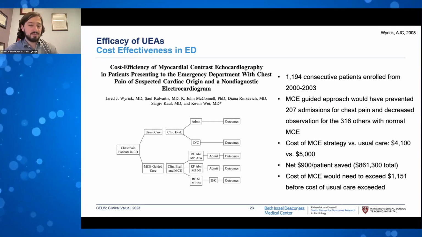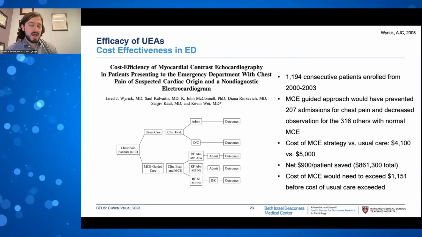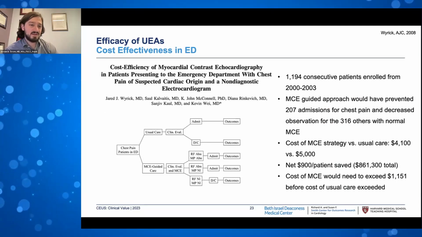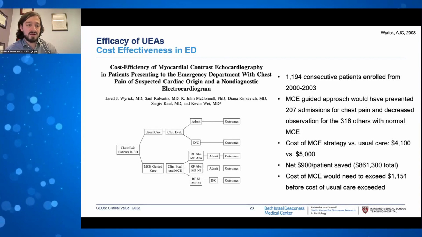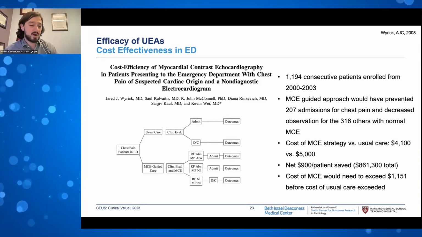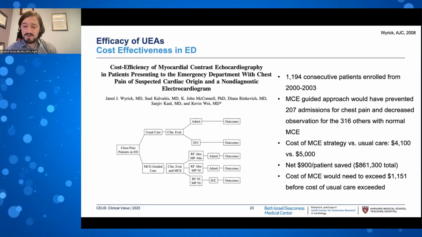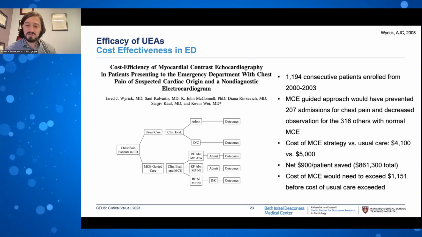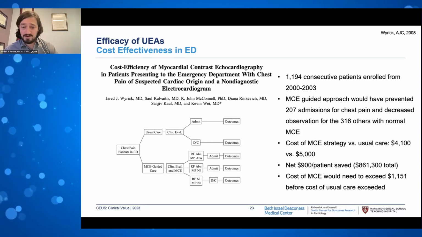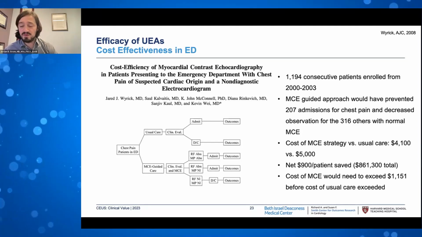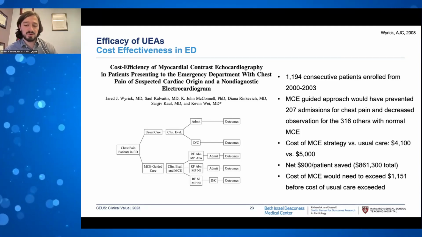And if you take that one step further and evaluate the use and cost effectiveness of myocardial contrast echo in patients in the emergency department with chest pain of unclear origin, you can see that this approach would have prevented 207 admissions for chest pain, decreased observation for 316 others with normal myocardial perfusion.